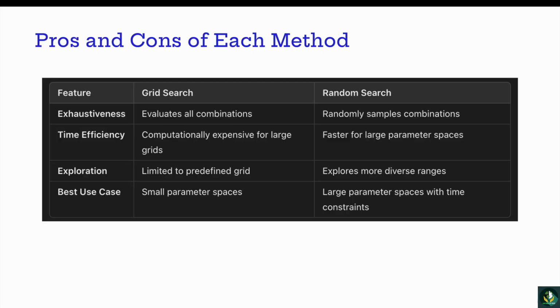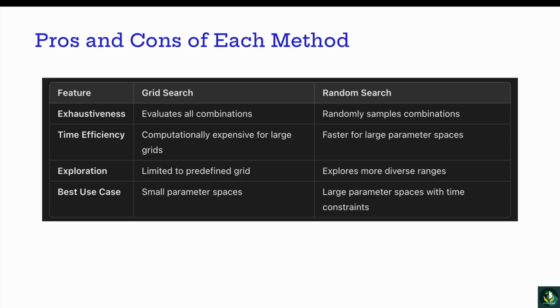Let's look at some of the pros and cons of each method. I've created a table where we're going to look at features, grid search, and random search. For example, for exhaustiveness, grid search evaluates all combinations, while random search randomly samples combinations. As per time efficiency, grid search is computationally expensive for large grids, whereas random search is faster for large parameter spaces.